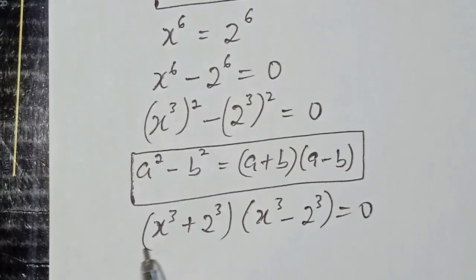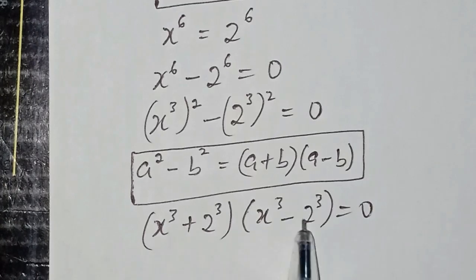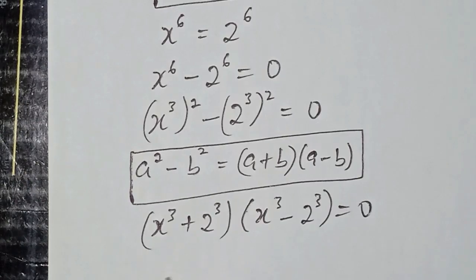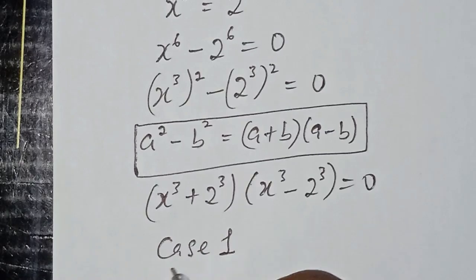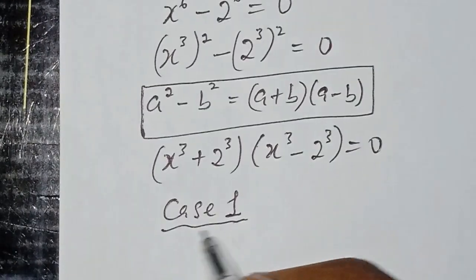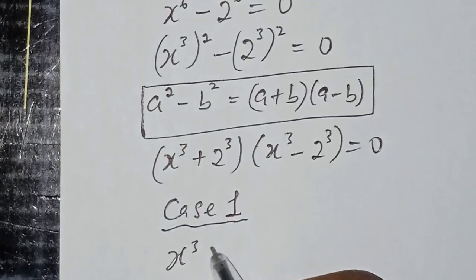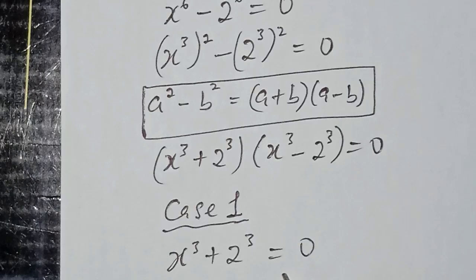So to find the value of x now, we consider this separately and this separately. To get all the possible values of x, we try it case by case. Let's treat the first one as case 1. So from here we have x cubed plus 2 cubed equal to 0.